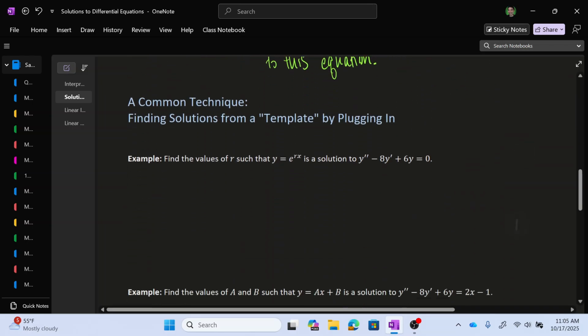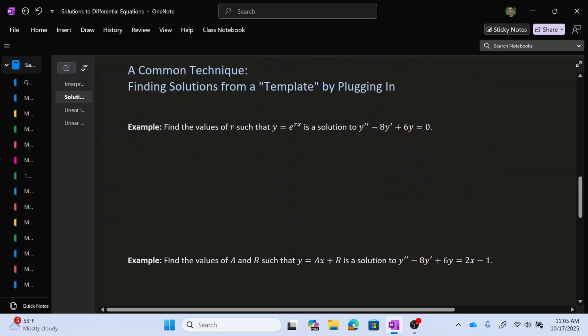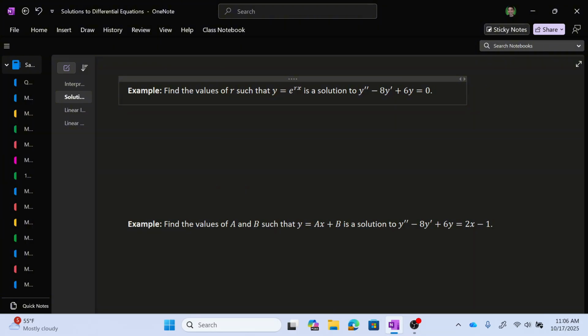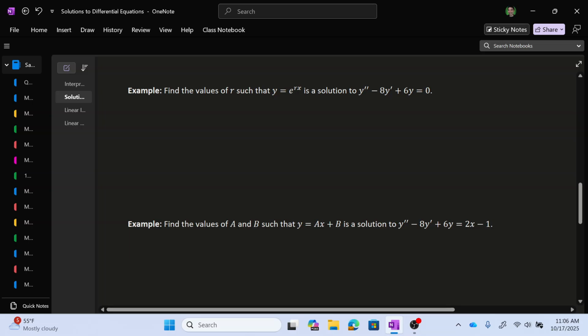Now, what we will find later in the course is that we will have a differential equation and we will have already figured out some template or some format that the solutions will hold. For example, we will learn later in the class the differential equations of this format, like y double prime minus a number times y single prime plus a number times y equals 0. Their solutions have an exponential format, something like e to some number times x.